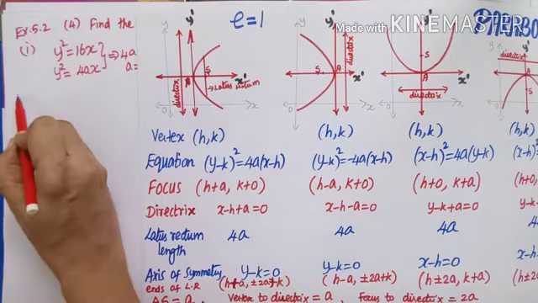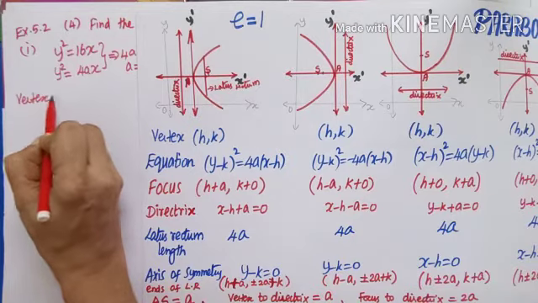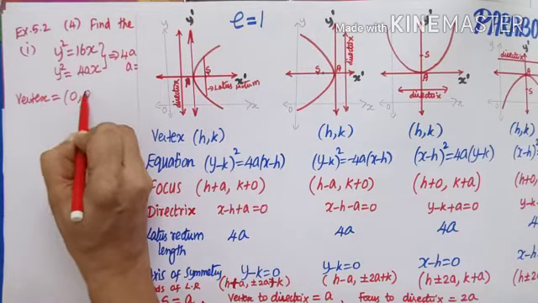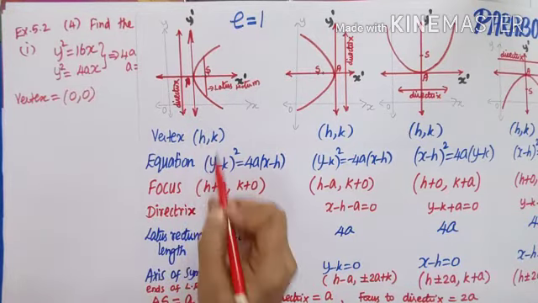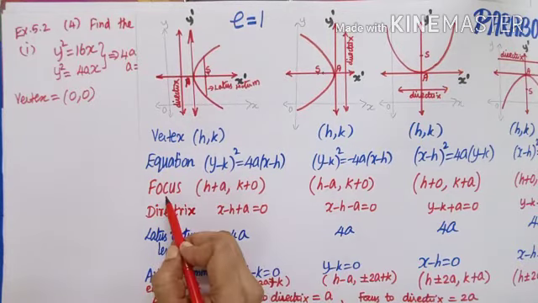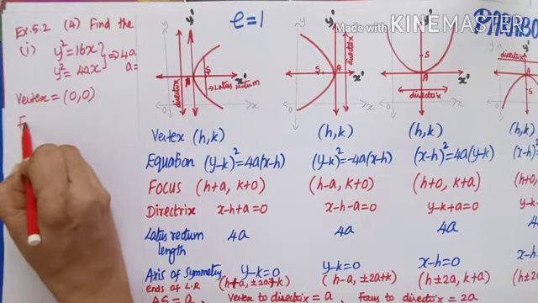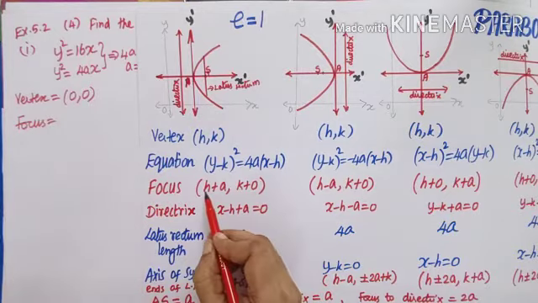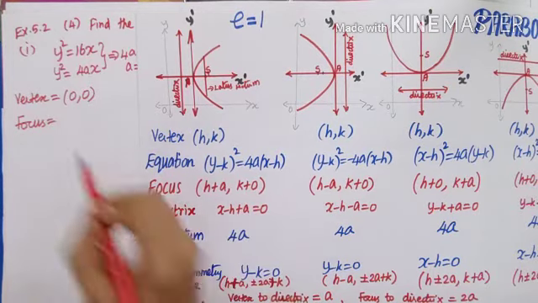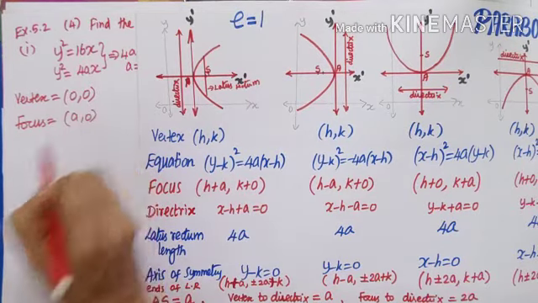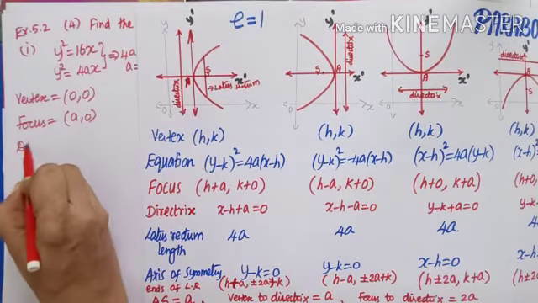So, what is the vertex formula? Vertex equals 0, 0. We put h, k as 0. What is the focus? Focus, h and k are 0, so a, 0. The next idea, directrix.